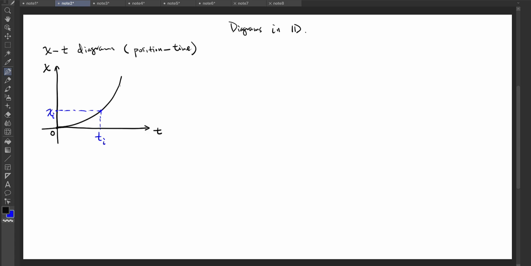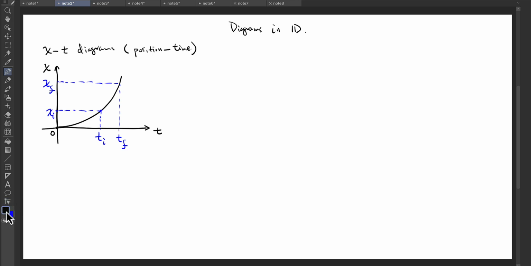And similarly, I can have some other instant, let's say this t final, the final instant. And the correspondence of that instant in the vertical axis is the x final. So this curve gives us a relation that can, in some sense, be used to extract the information about this object's motion, right?